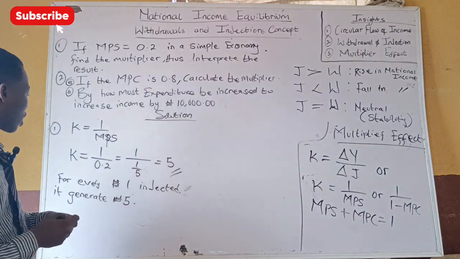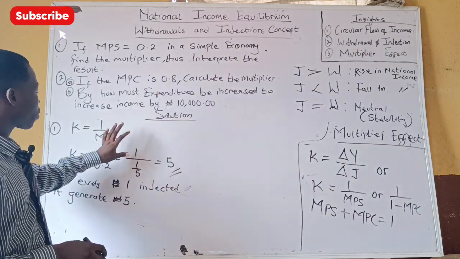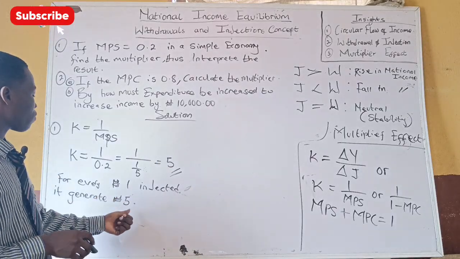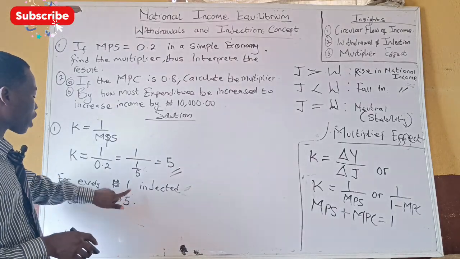So this is the interpretation: when we inject every 1 naira into the economy, it's going to generate 5 naira. The 5 naira is gotten by 5 times 1.